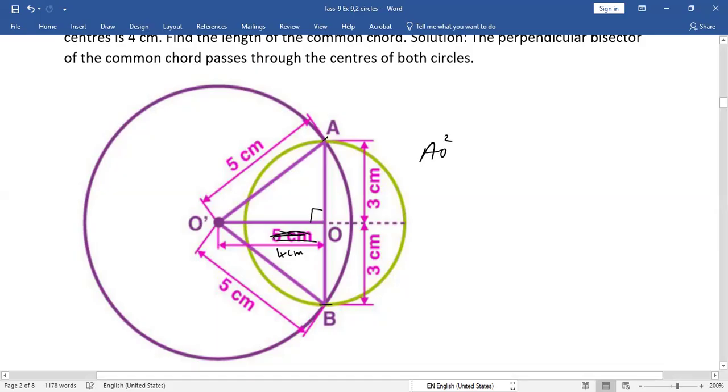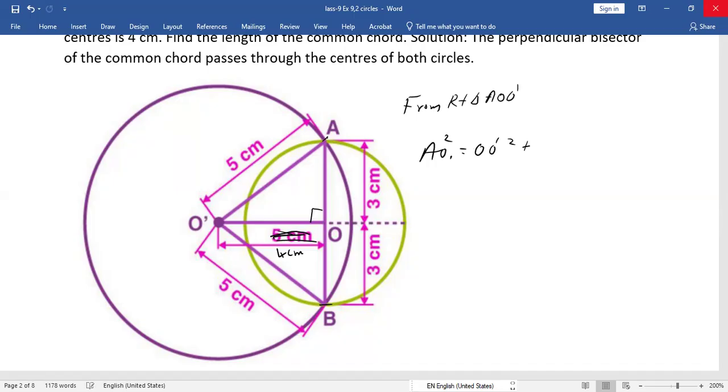So we can say, from the right triangle AOO dash, AO dash square is equal to OO dash square plus AO square.